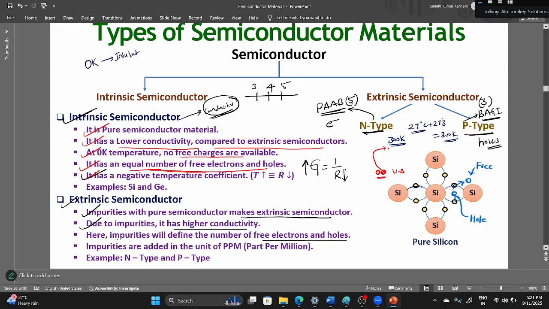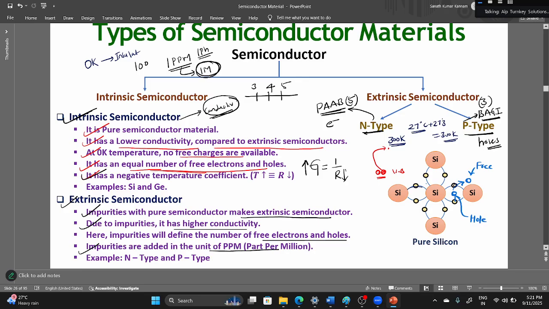Basically, impurities are added in units of parts per million. One part per million means, in 1 million silicon atoms, we are adding one phosphorus atom.